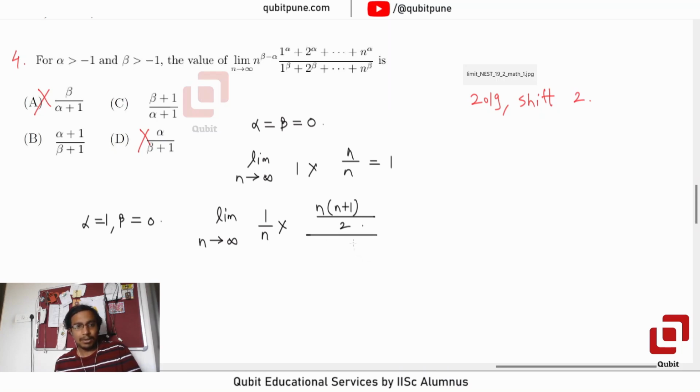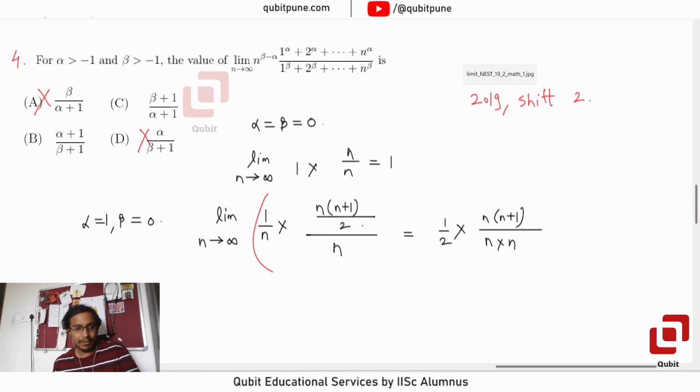And how about the numbers in the denominator? Beta is 0, so they will sum up to n. Okay, so we can take that half outside, n into n plus 1 in the numerator and n into n in the denominator. So how much will that be?